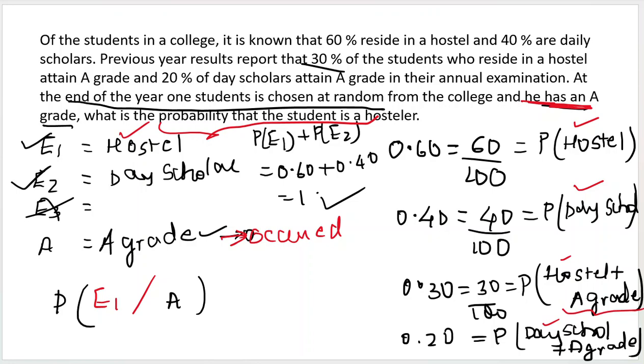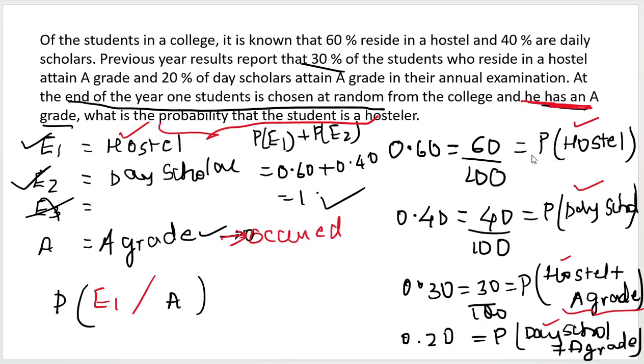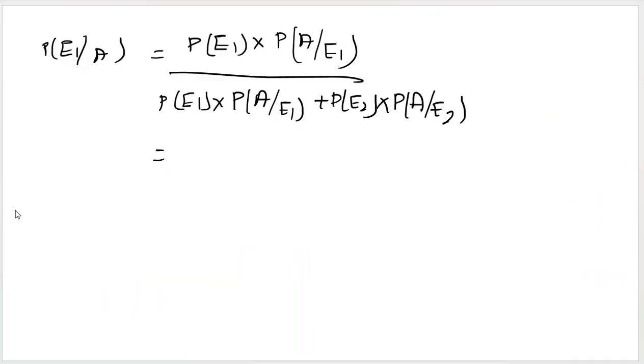So we restrict ourselves only till here. Now we insert the values. E1 is hostel, and probability of hostel is 0.60.